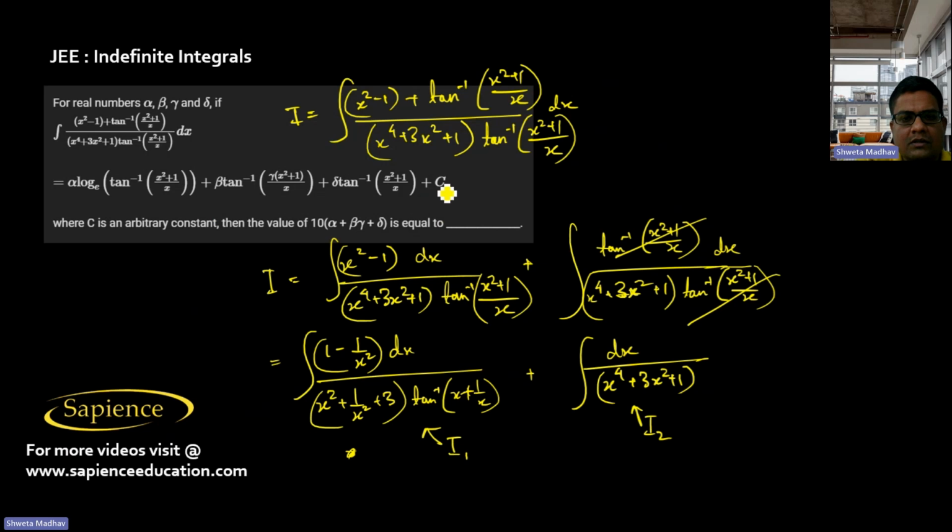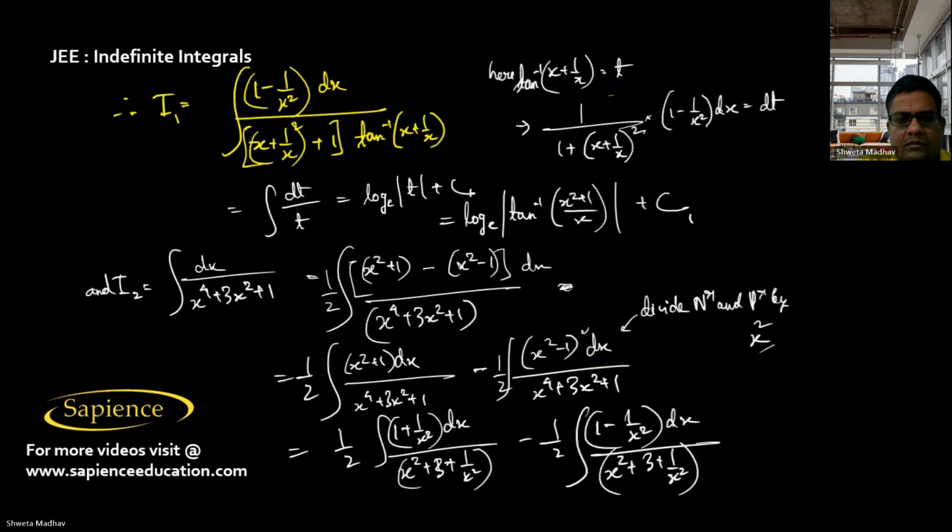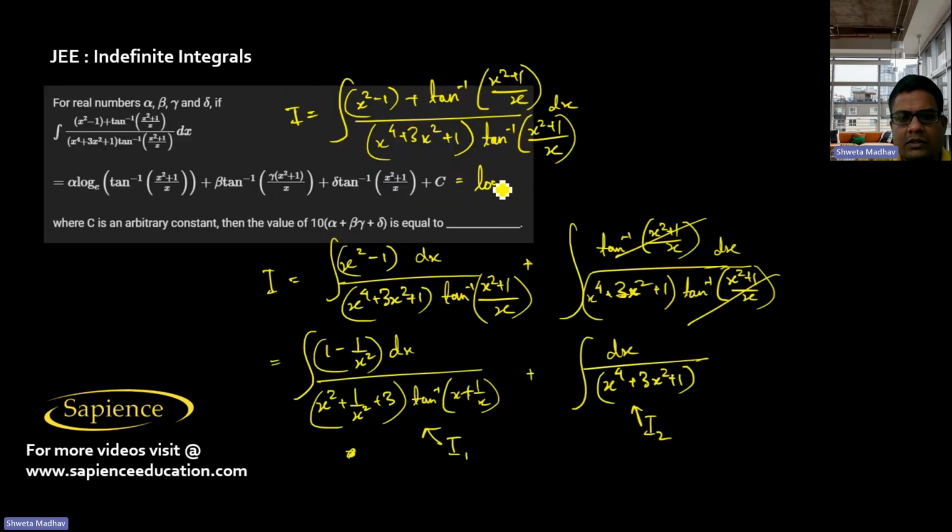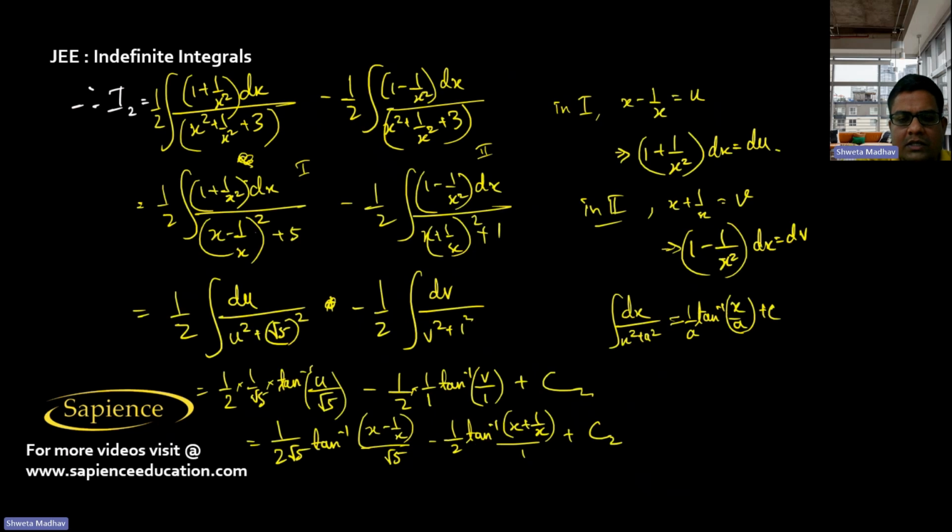Therefore, the final answer is log base e mod of tan inverse of x square plus 1 by x, plus we have c1 plus c2, which we can take as some constant c.